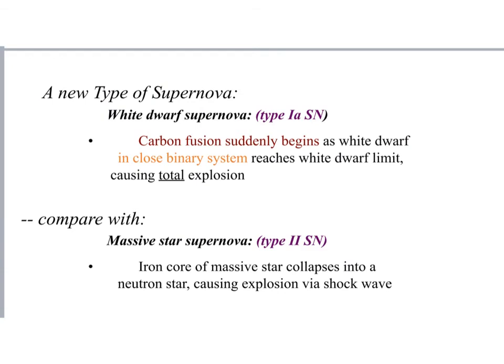And so if that amount of matter is going to reach that limit, then carbon fusion is going to suddenly begin as the mass of the white dwarf becomes 1.4 times the mass of the sun. And what's that going to cause?